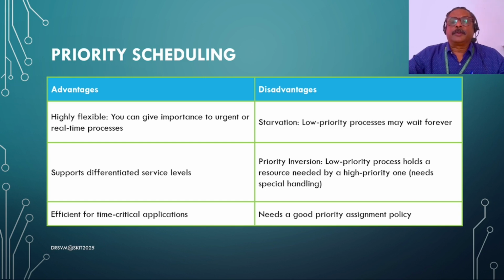So a proper policy is required, and creating this policy is a very tough situation. And if it is not given a thought, then we may create some imbalance in providing these priorities to the processes, and that may in turn create problems to the overall system. So that's all about the priority scheduling.